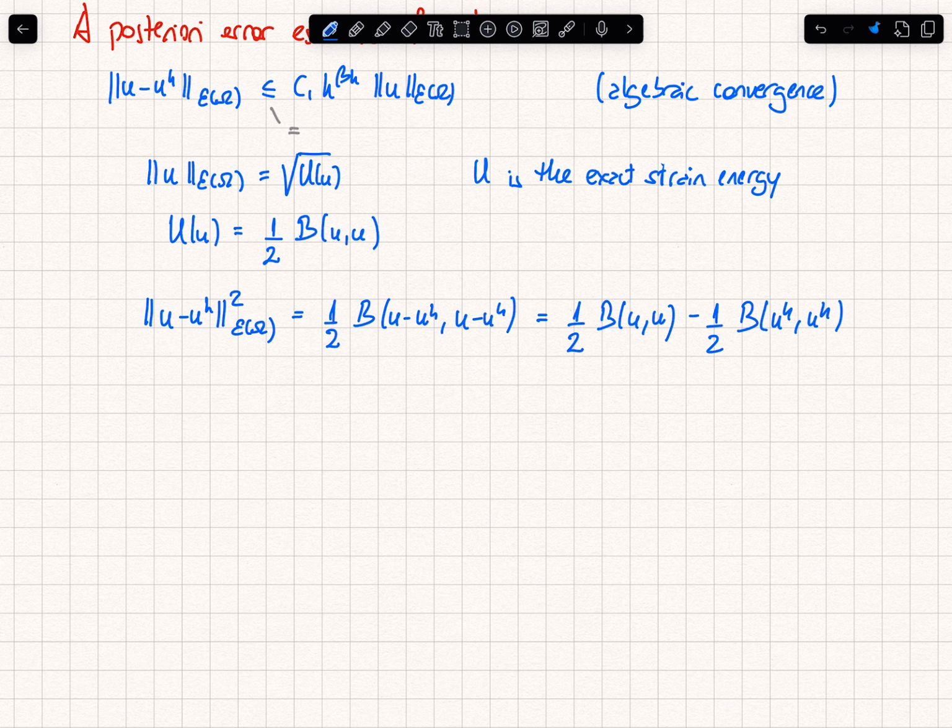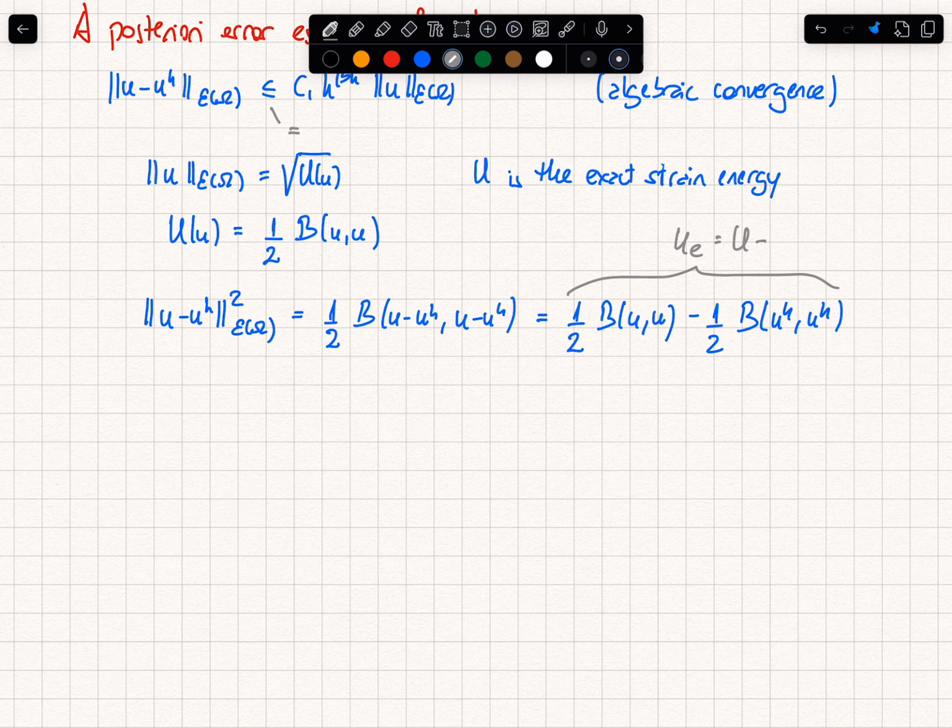And there is a theorem in the book that is actually showing this, where you can say that this expression here on your right is some sort of error in strain energy, which is basically your U, uppercase U, minus your UH. That is the approximate value of the strain energy that your finite element solution is going to obtain. Given this expression, if I take this guy squared, and that is equal to this guy, it also has to be equal to what we see here on the right.